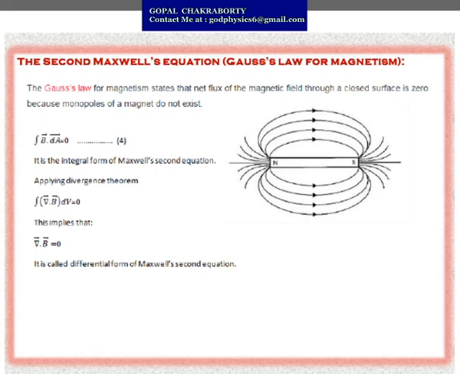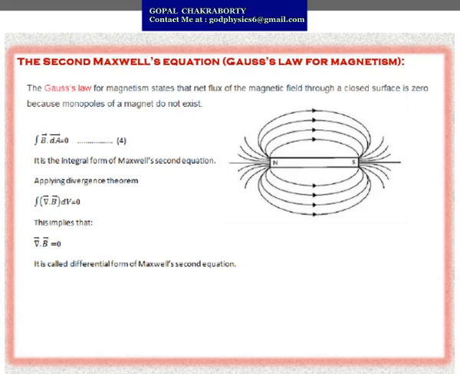That idea and concept is very important because this expression tells you isolated magnetic poles or magnetic monopoles don't exist. That's why if you divide a bar magnet any number of times, you will always find a north pole and a south pole.